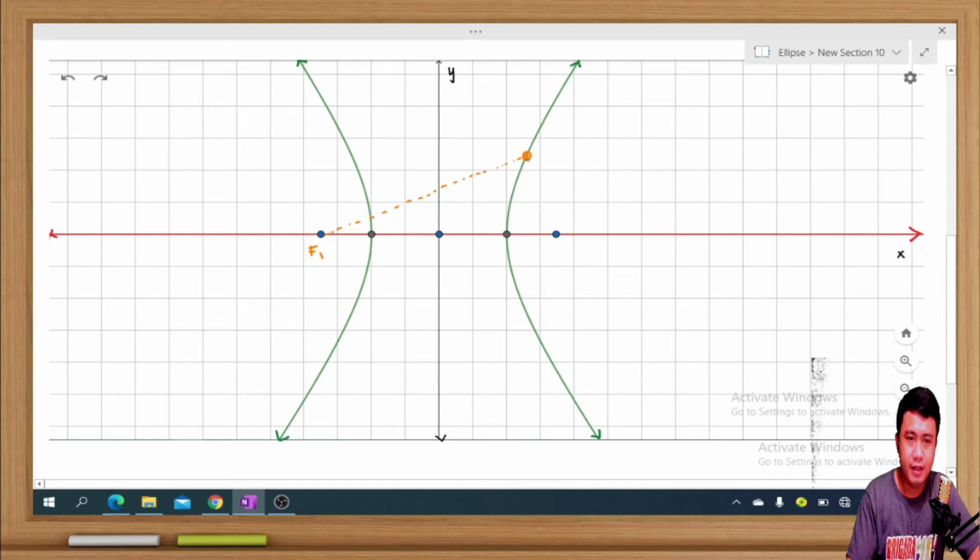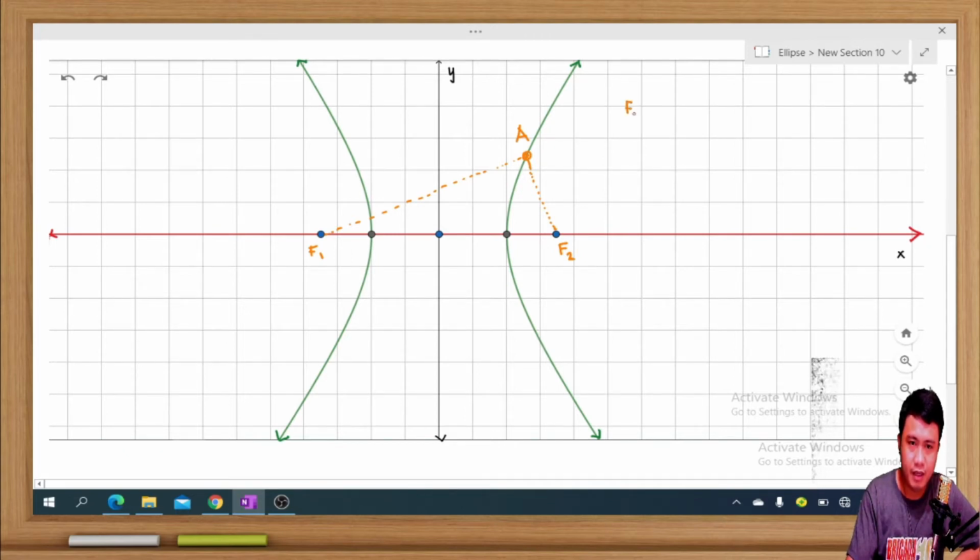And again, we're going to connect the point, sabihin na lang natin ang pangalan ng point na to ay point A, doon sa ating second focus, F sub 2. So, we can define hyperbola using three things.